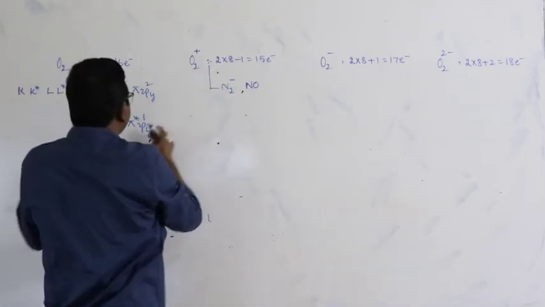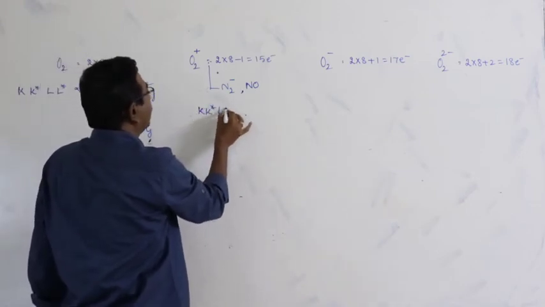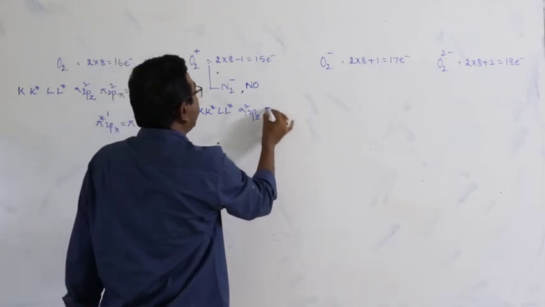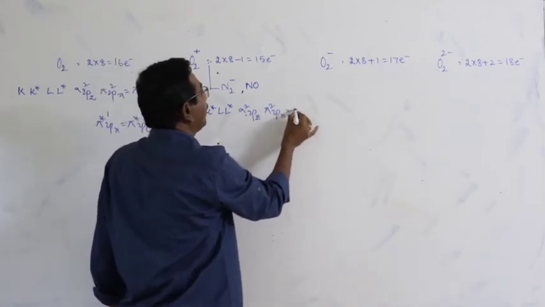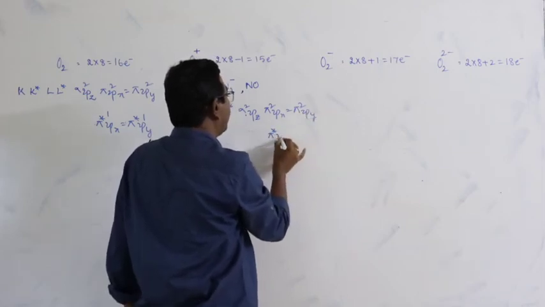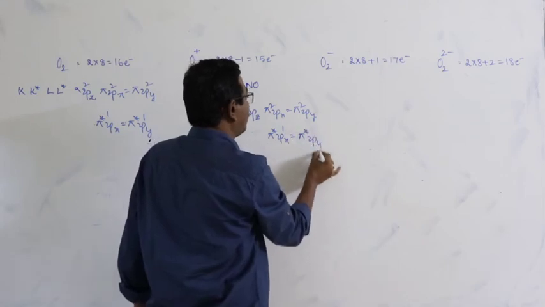Here 15, one electron less. Remove this electron. K, K star, L, L star, sigma 2p square z, pi 2p square x equal to pi 2p square y, pi star 2px 1 equal to pi star 2py 0.